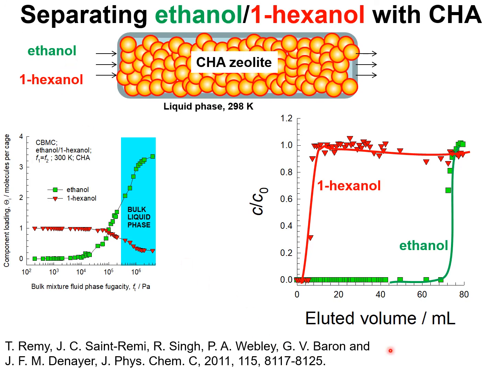Experimental data for breakthroughs of mixtures of ethanol and 1-hexanol in a tube packed with Chabazite zeolite operating under liquid phase conditions are shown here. 1-hexanol is a component that breaks through significantly earlier than ethanol.